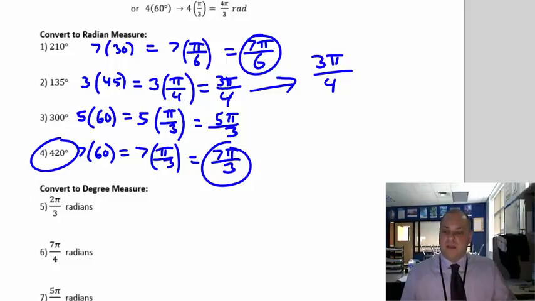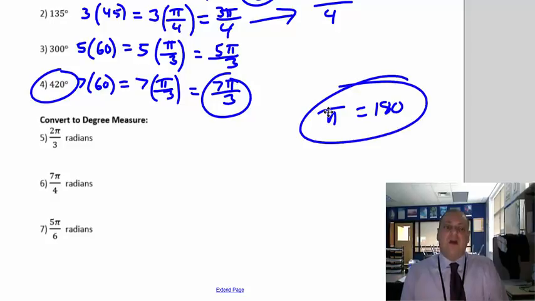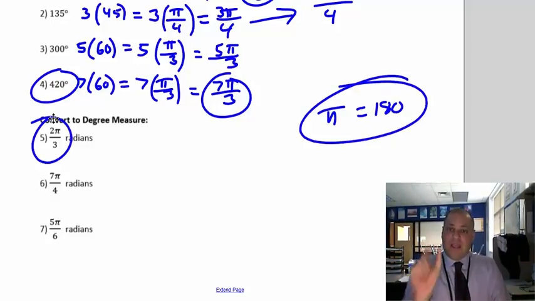All right. Hopefully I'm making sense here. And then here's a shortcut for converting to degree measure. Because we know that pi is 180, if we're given it in pi, with the pi in there, you can literally just substitute 180 in for pi.